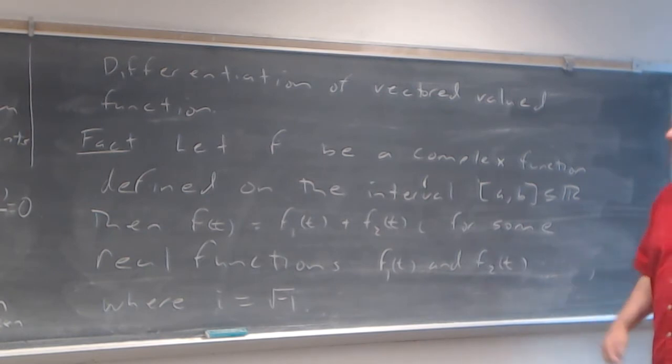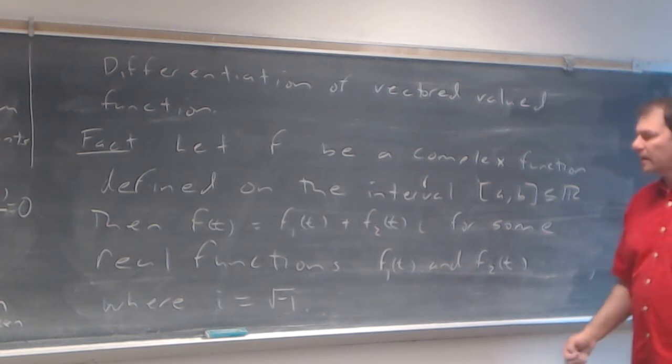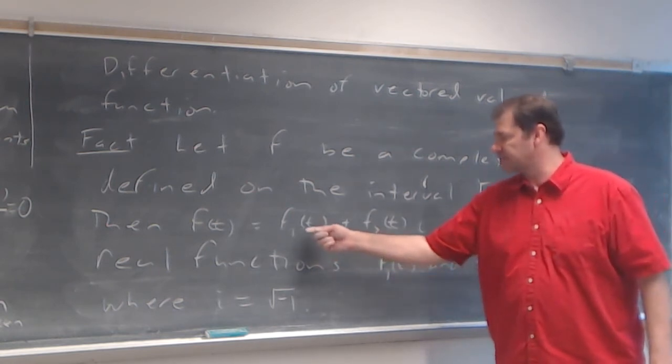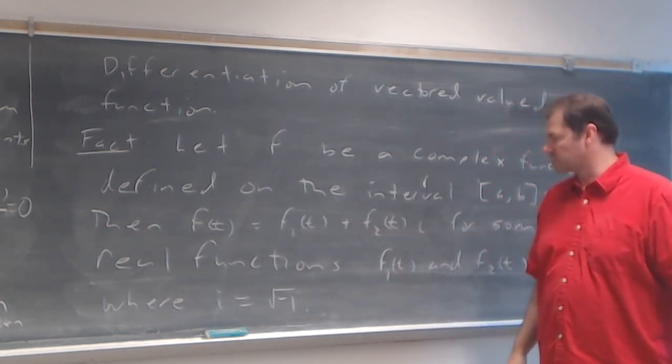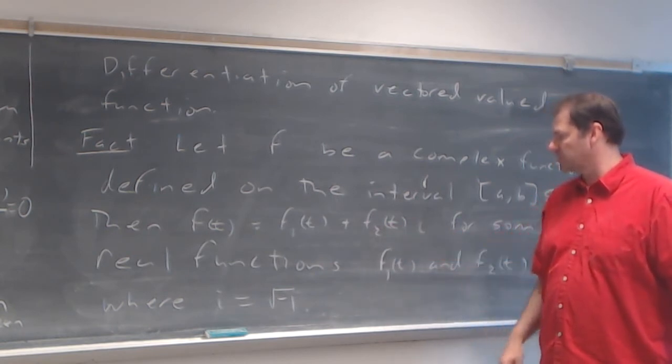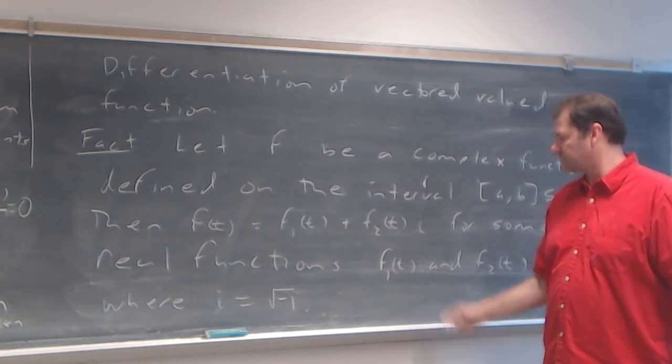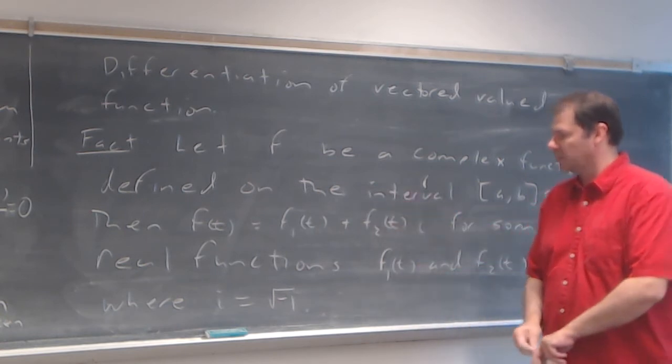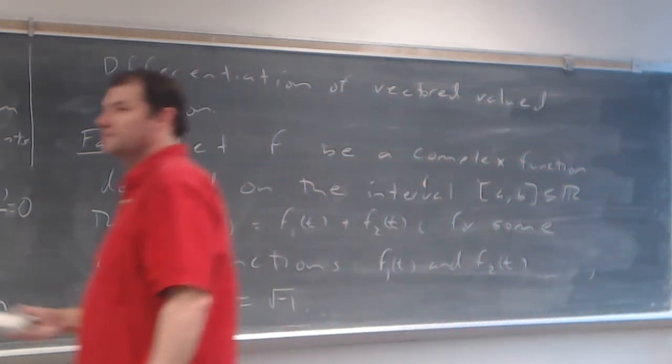And so this is saying that any complex function defined on a subset of R can be broken down into a function that yields the real parts of the output, and a real value function that is associated to the imaginary part of the output values of f of t.